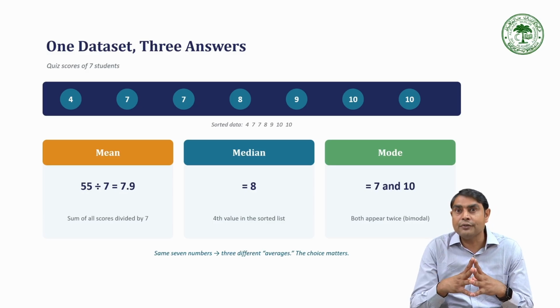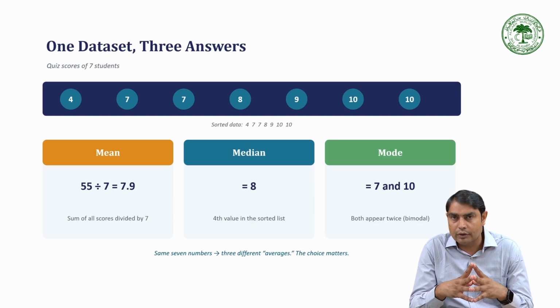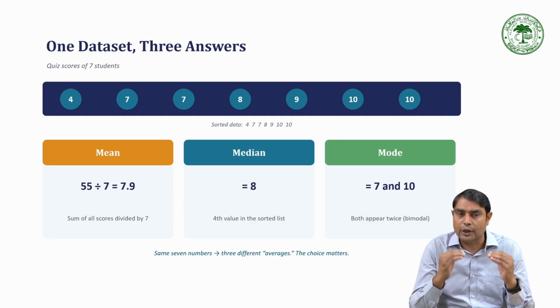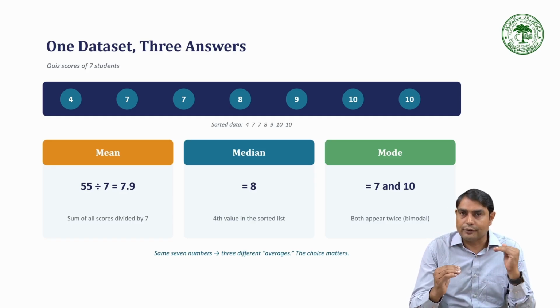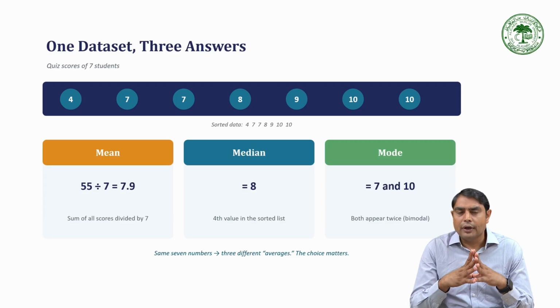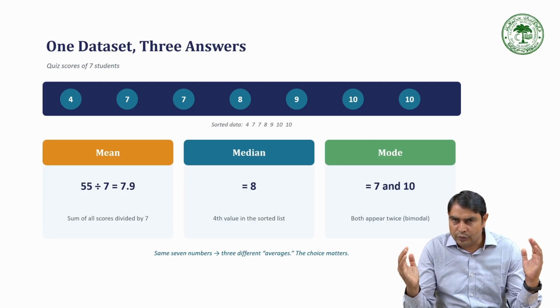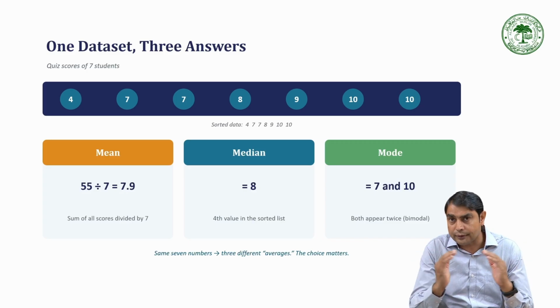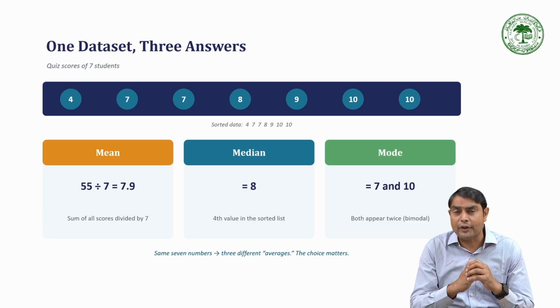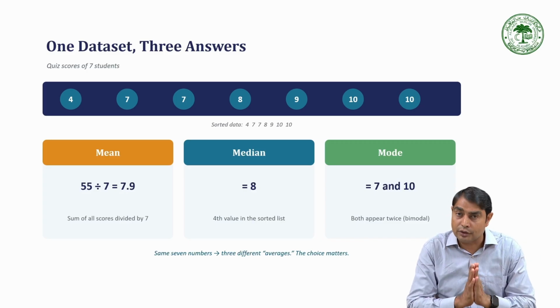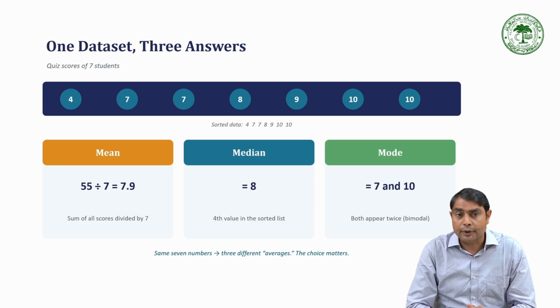So what are the conditions for data to be symmetrical or normal? All three measures should be equal: mean equals median equals mode. However, here the mean, median and mode are not very far away. So the kind of distribution I have is near normal, but it is not absolutely normal because all three measures are not the same.